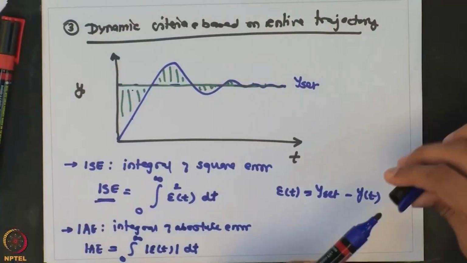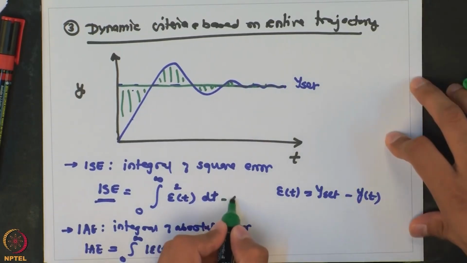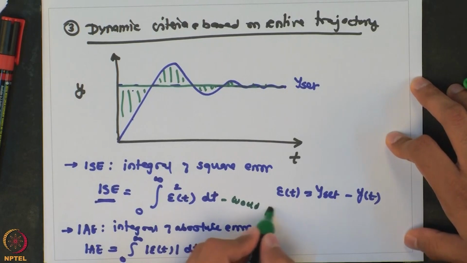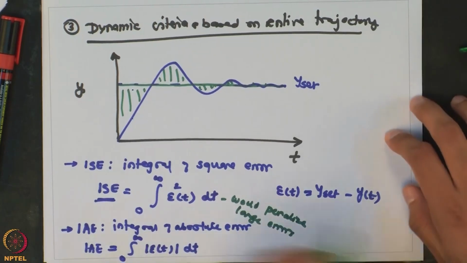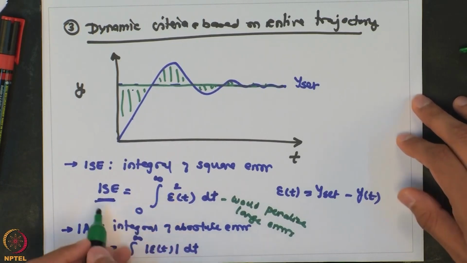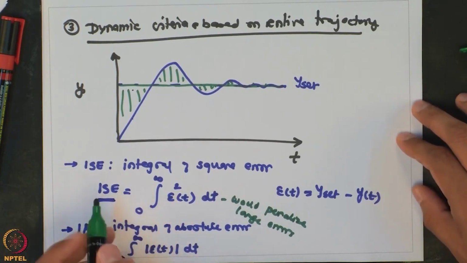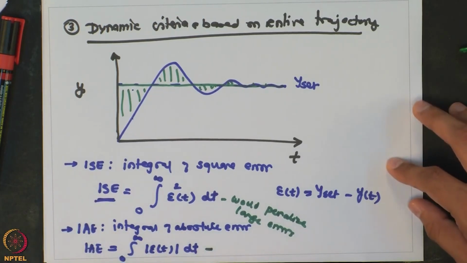The difference between the two is that ISE, or integral of squared errors, would penalize large errors, because if the error is small, then the square of the error becomes even smaller. So ISE tends to penalize large errors only, and in order to penalize the smaller errors, you would define an integral of absolute error.